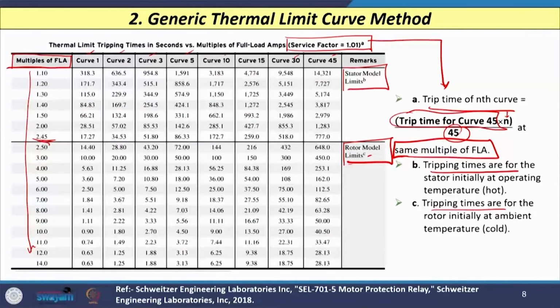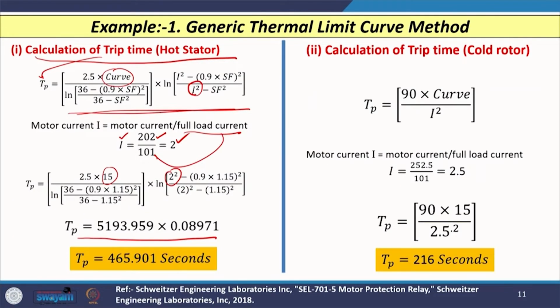So, if I look at this table, then you can see we are interested in curve number 15 because we have considered curve number 15, and we have already calculated for stator, and the time comes out to be Tp is equal to 465 for the value that is 2.